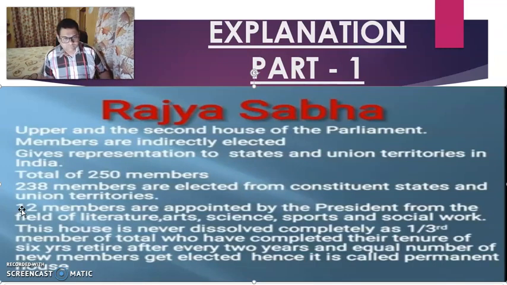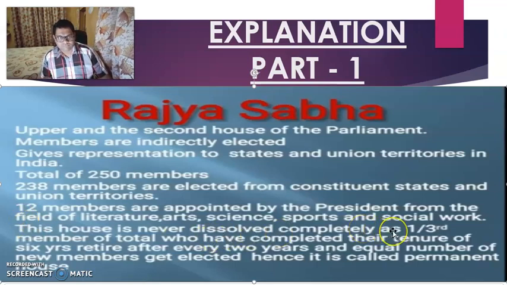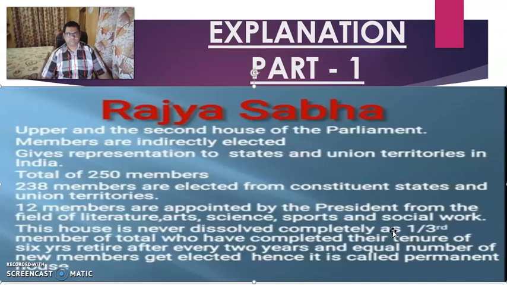Then, this house is never dissolved completely. After every 5 years, Lok Sabha members are re-elected. Here, this house does not get dissolved at all. What is the reason behind that? Because one third of the members, who have completed their tenure of 6 years, retire after every 2 years.